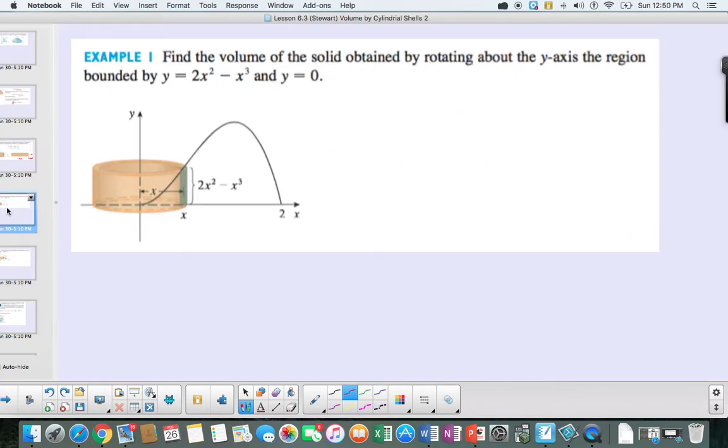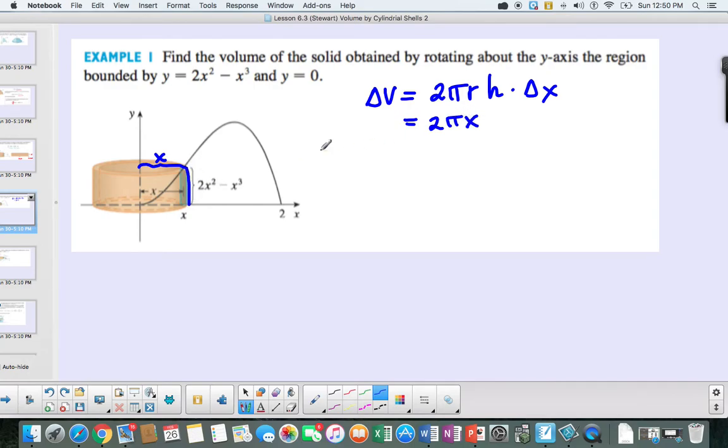Okay, so let's go ahead and start this problem. All right, delta V, and here's our standard way of writing it: circumference times height times thickness, and in this case the thickness is delta x. Now this is our radius, and our radius is really the distance from the y-axis to the curve, so we can just replace that with x.